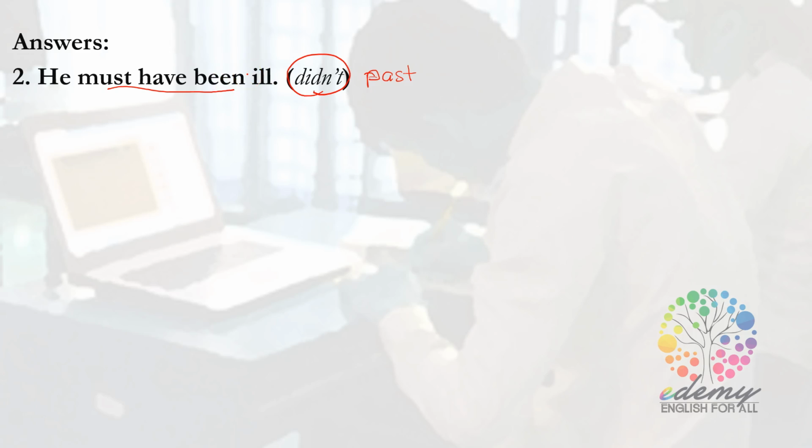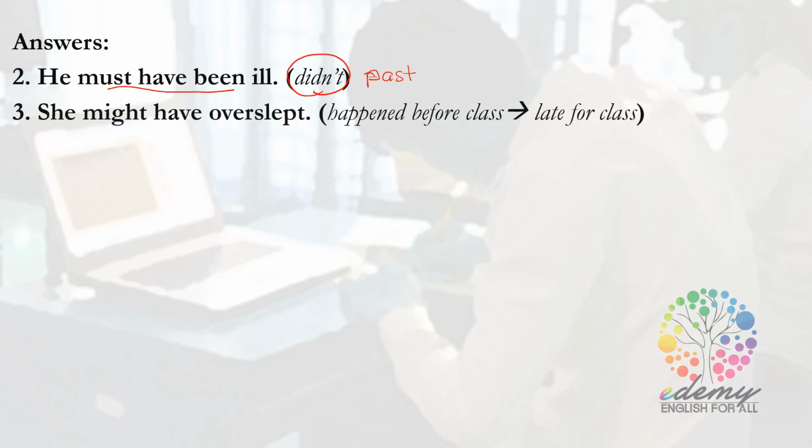We move on to the third question. Why is Isabel late for class? And we have the words might and oversleep in the bracket. So the answer is she might have overslept. Here again, the sentence in the book, why is Isabel late for class, is a present sentence. So why do we use might have overslept in the past?